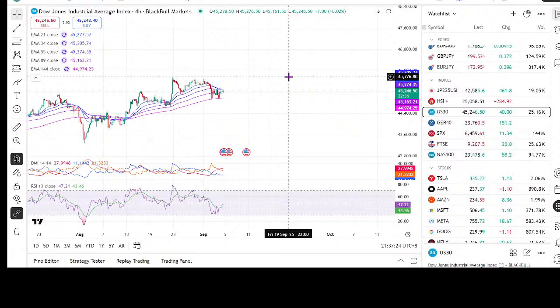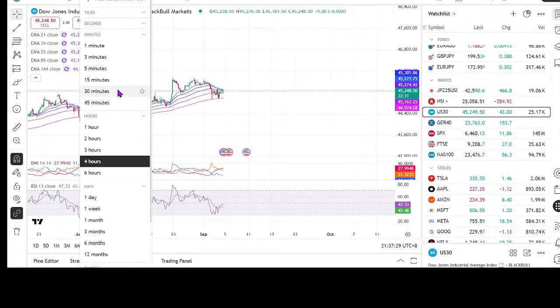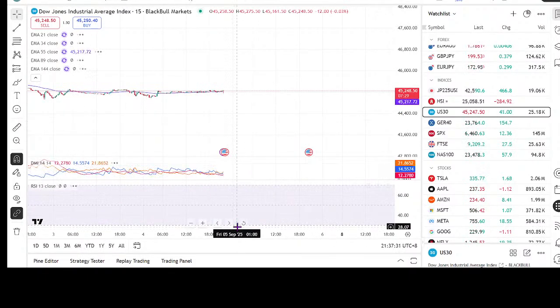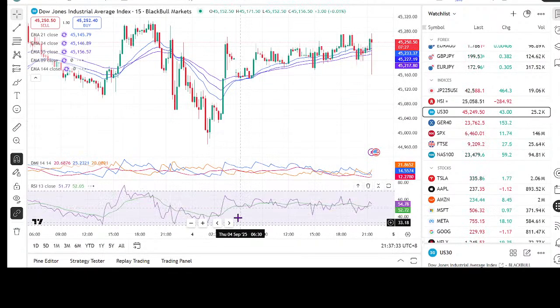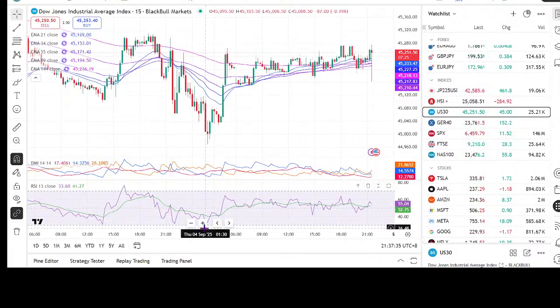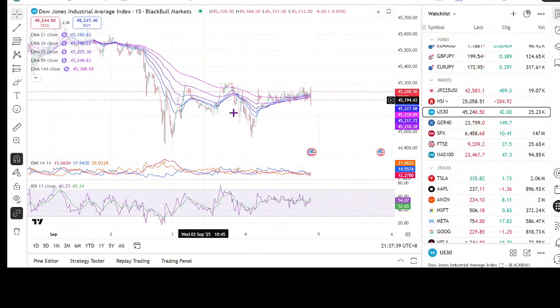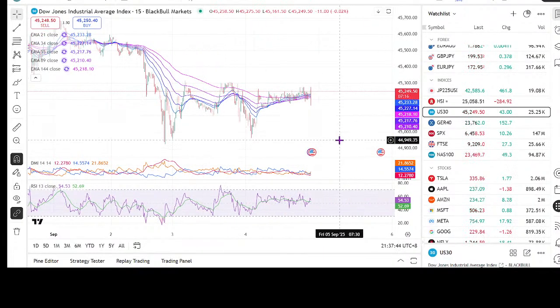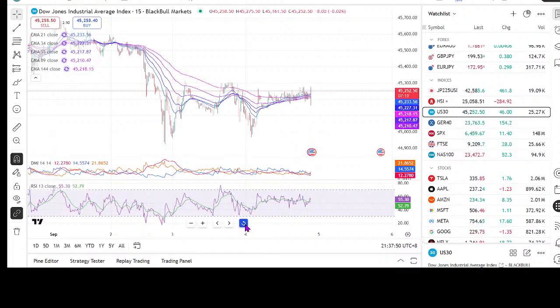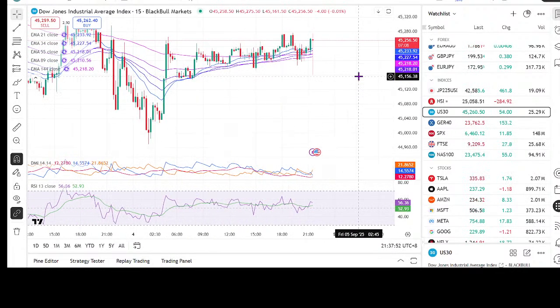We should be able to see price going beyond that level. Now let's see the 15 minute. Looking at this, we may have seen a temporary base, so we should see price moving higher. We should be looking to go for a buy on this.